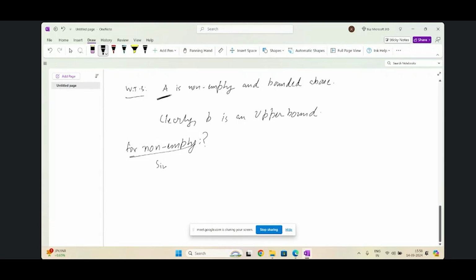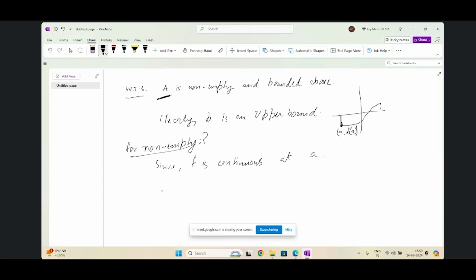Now since f is continuous at a, right? We have the graph now. At this point we have the function which is continuous at a. Now what does it mean to say the function is continuous?